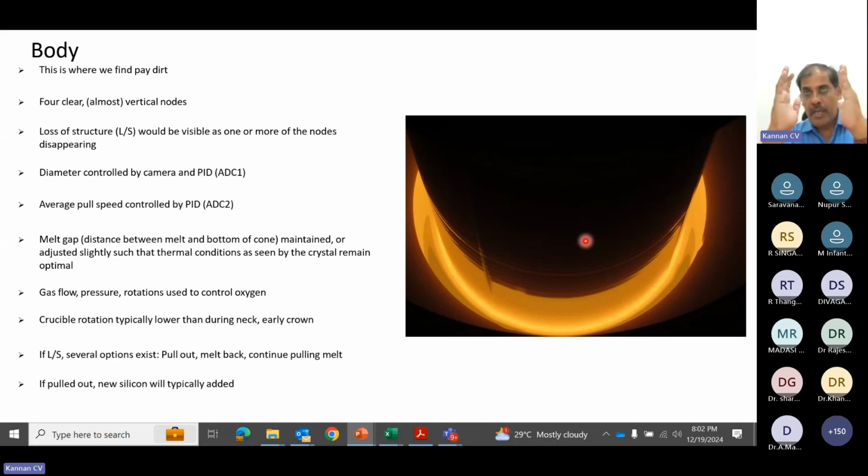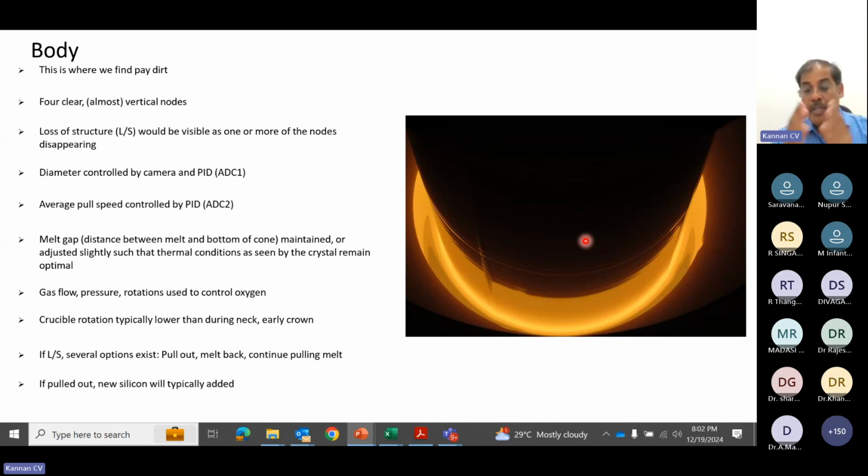Whenever the diameter goes away from the set value, the process parameters, like temperature, pulling speed and rotation speed, will change automatically to ensure the diameter is well controlled within the limit. This is the way they control the diameter of the grown ingot.